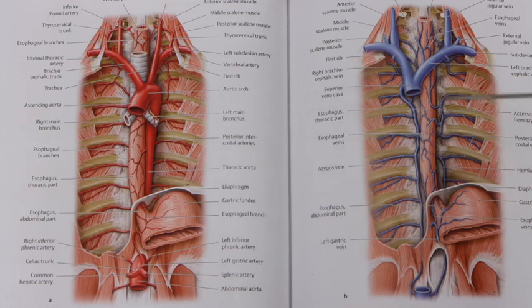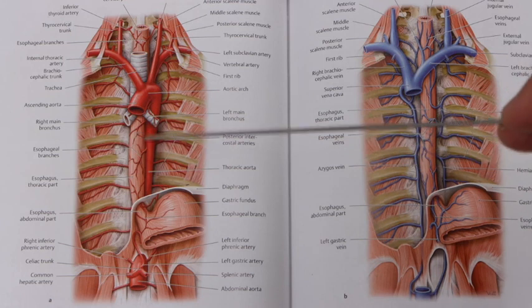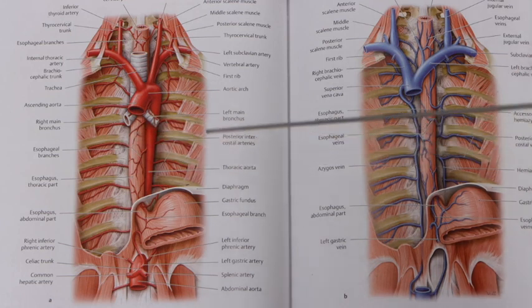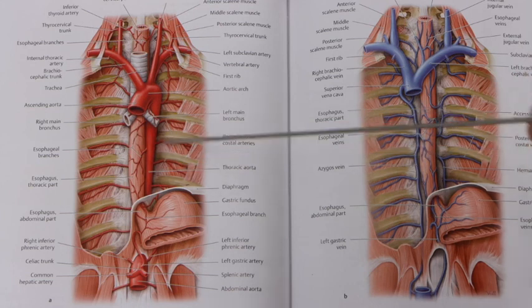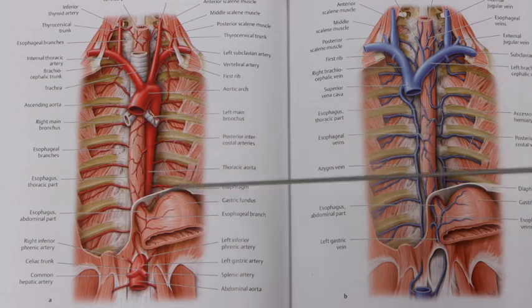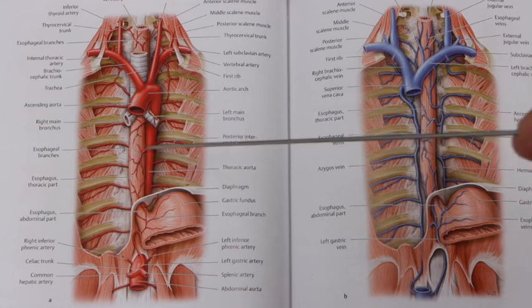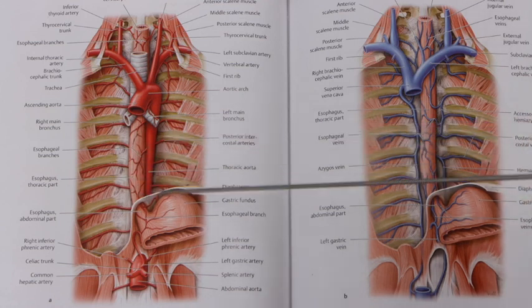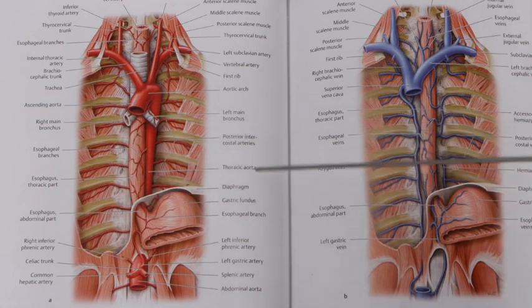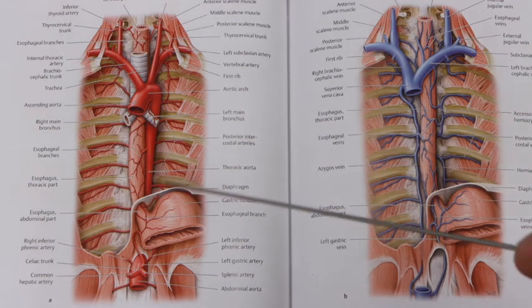On the left side of the aorta you can see the hemiazygos and accessory hemiazygos veins. In front of the aorta, cranially, is the root of the left lung, and in the caudal portion, in front of the aorta and esophagus, is the heart, located inside the pericardial cavity.